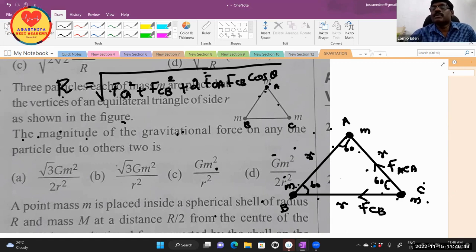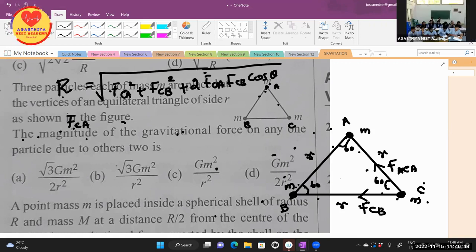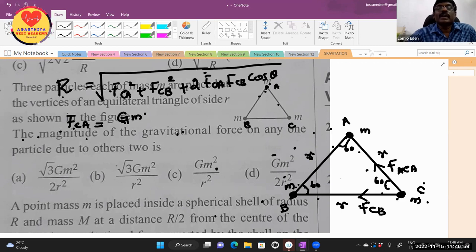First, let us calculate the individual forces. According to the law of gravitation, G, the mass placed at C is small m, with respect to A, another small m, divided by the distance r, therefore r squared. Similarly, the attraction force about the point C with respect to B is G m squared divided by r squared.